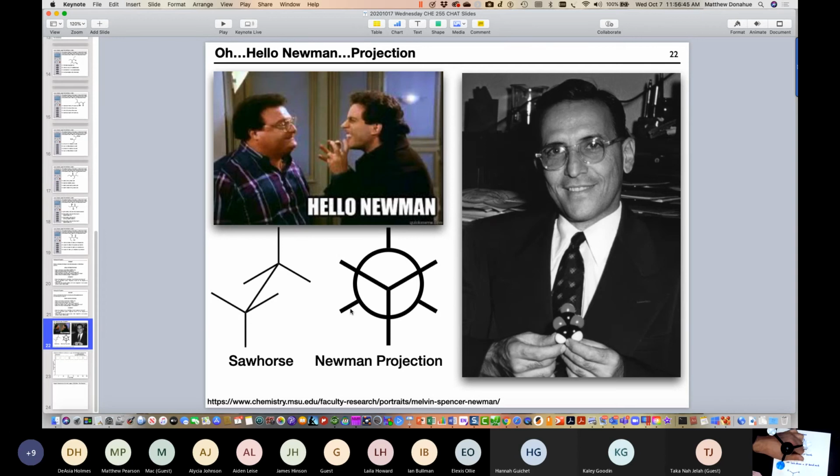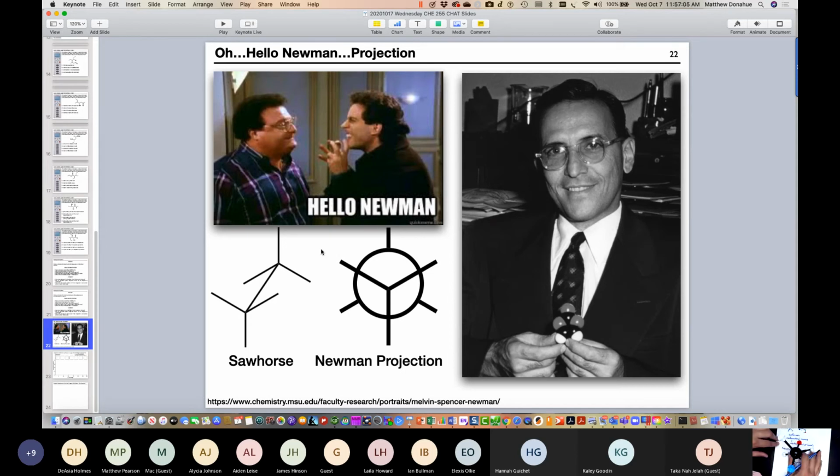So see what we see there with the model? We're looking down 2 and 3. So we have hydrogen, hydrogen, methyl. So that's what we've drawn here. Hydrogen, hydrogen, methyl. So the circle is the back carbon.